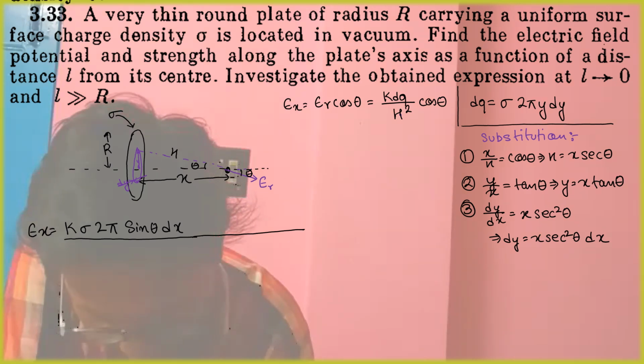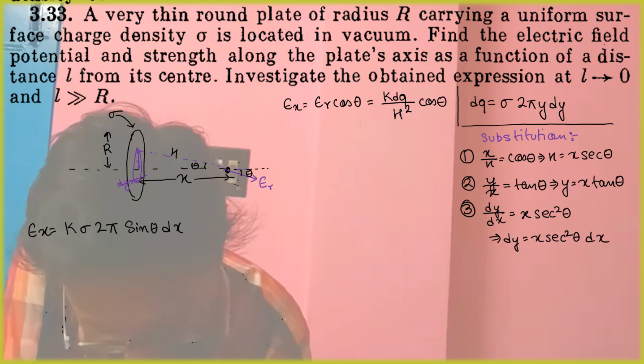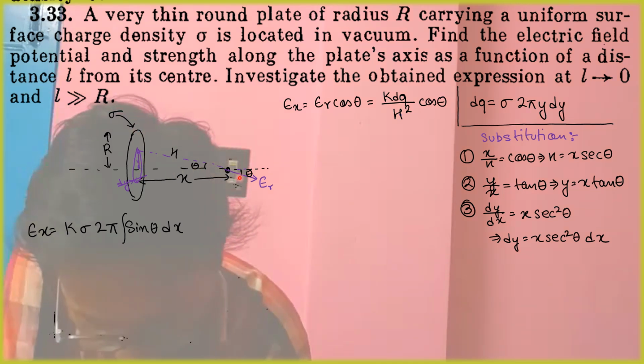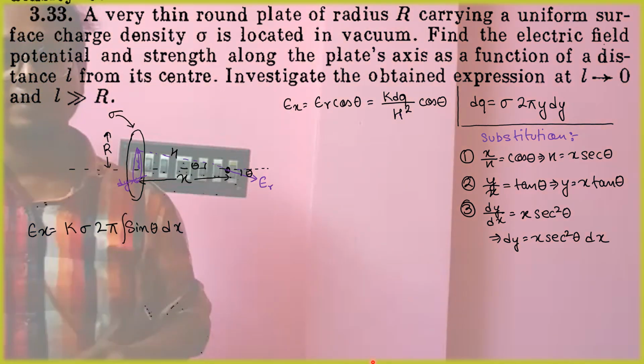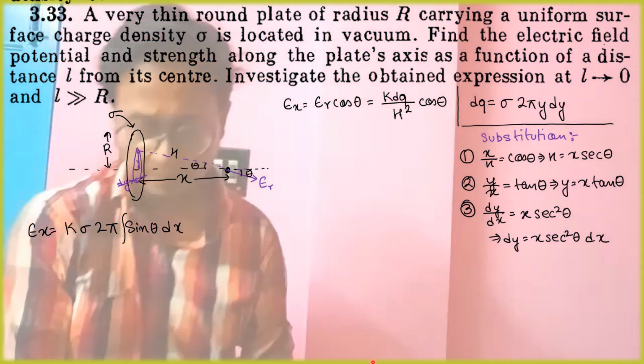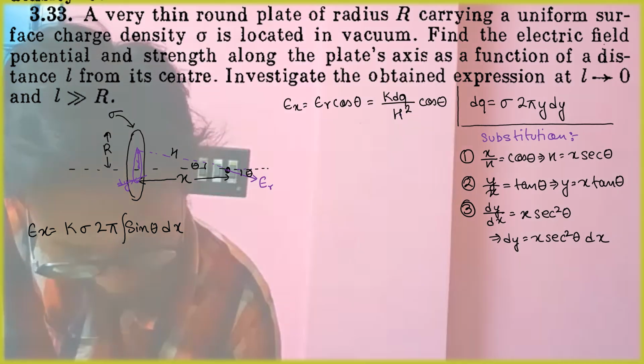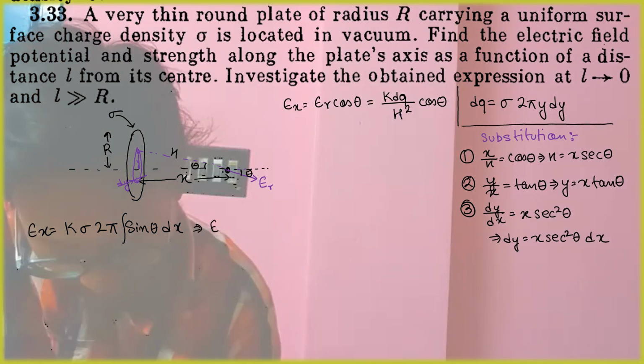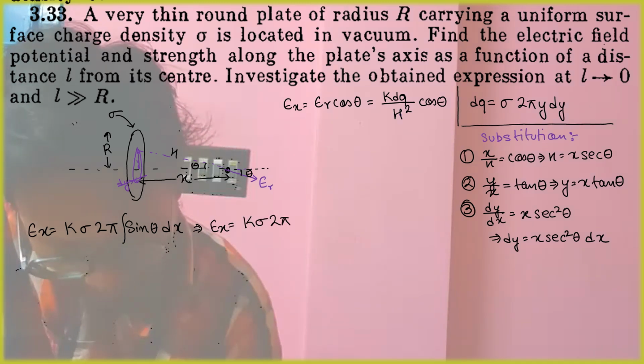Let me write this dx out here. And if I integrate this ring from theta equals 0 to theta equals this value, I'll get the value of electrical field due to the circular disc, isn't it? So Ex, the electrical field, is equal to K sigma 2 pi into the integration of sine theta, minus of cos theta.